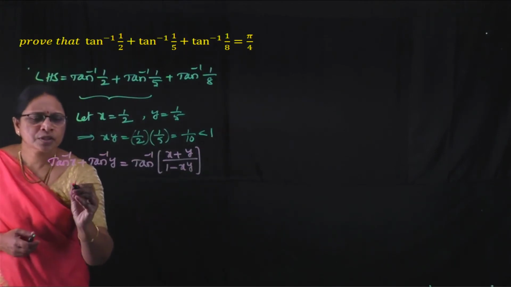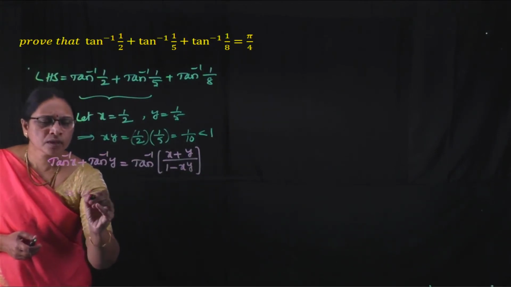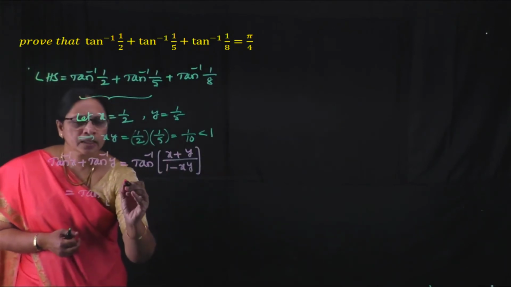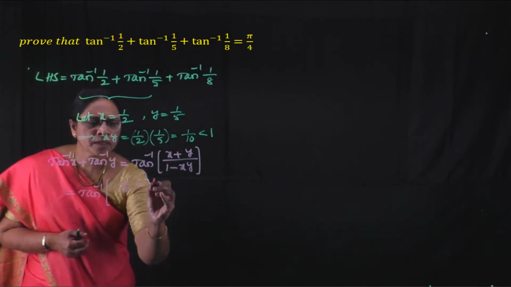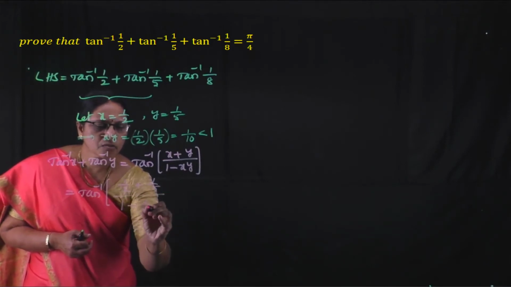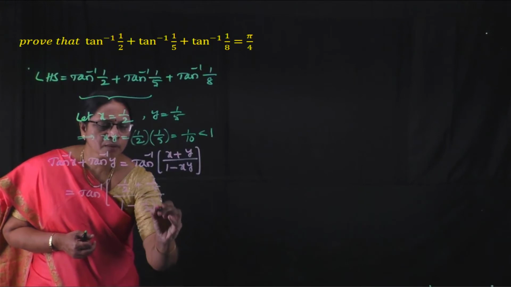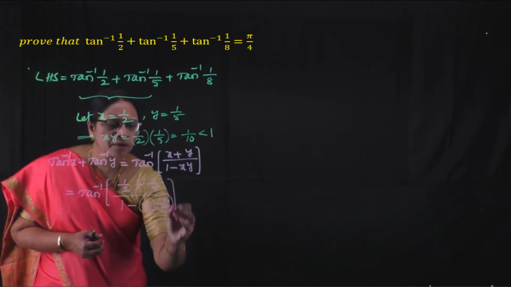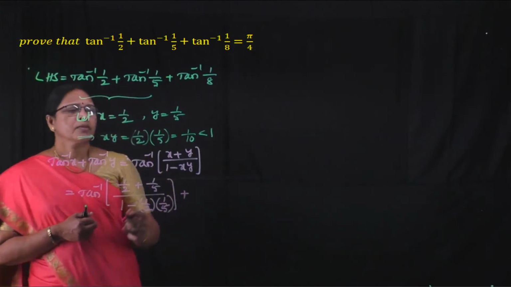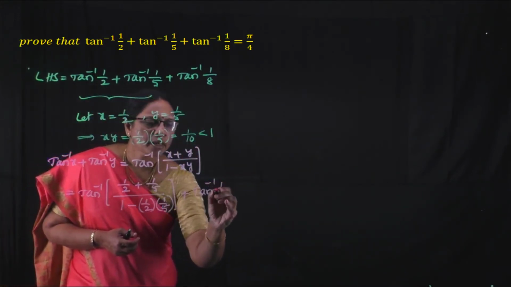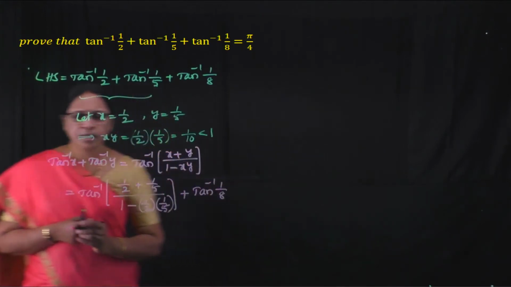So LHS becomes tan inverse x plus y, that is 1 by 2 plus 1 by 5 by 1 minus 1 by 2 into 1 by 5, plus here last term is tan inverse 1 by 8.